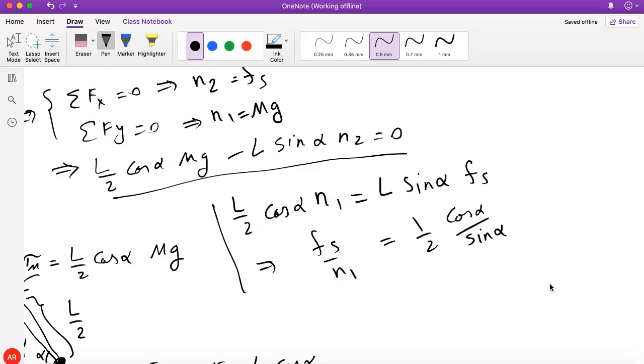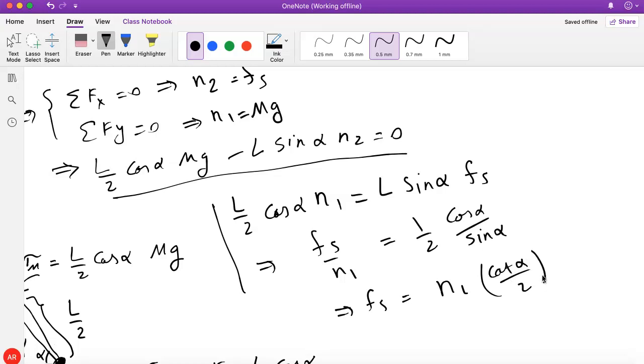Okay. So if this ladder is in static equilibrium, it's not slipping, the friction force must be N1 times that number. Cotangent alpha over 2, right?